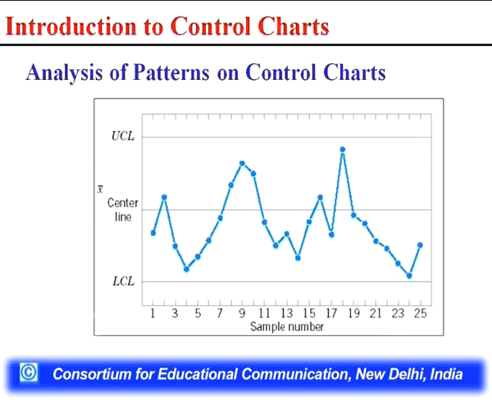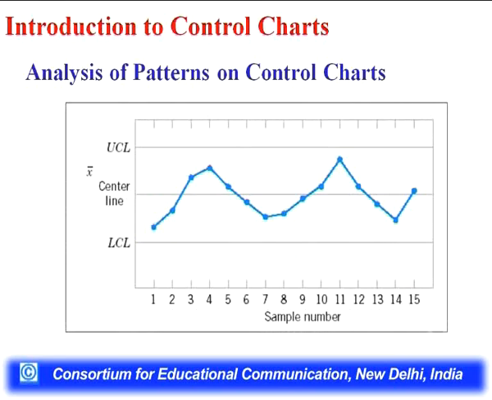Analysis of patterns on control charts. This shows a control chart, and we have to see at different points, sometimes we are getting the increasing results and sometimes we are getting the decreasing results. Though the points are within the control, though we say that the process is under control, there are changes being observed in the process.